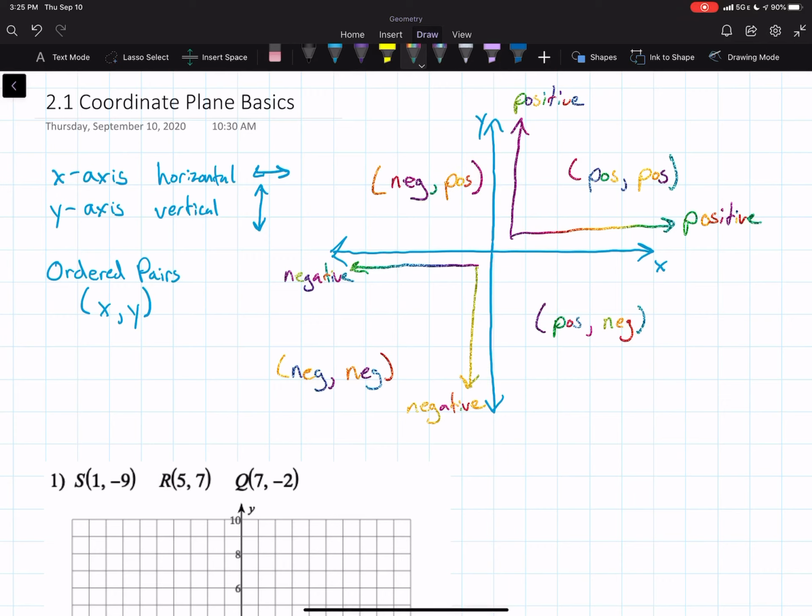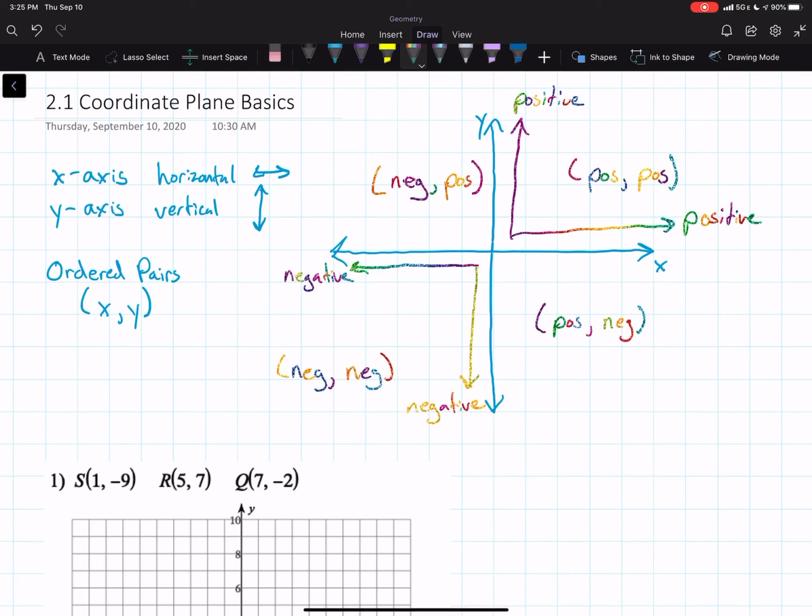Now the quadrants are numbered, but I don't really bother with those because it's really irrelevant to most things we do. I'd rather you know the positive and negative locations versus whether it's 1, 2, 3, or 4.